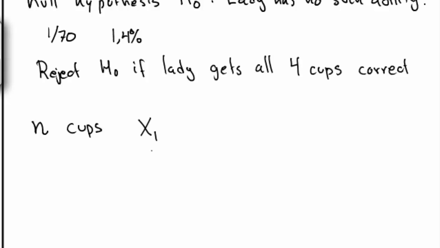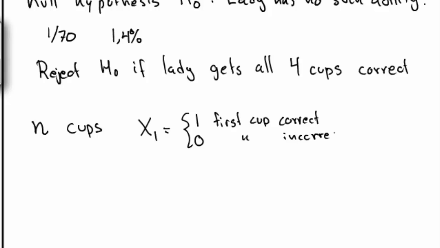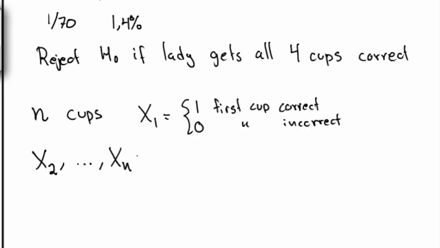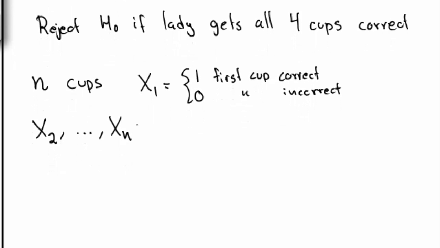I define a random variable called x1, which I set to 1 if the person trying out the experiment gets the first cup correctly, and I define it to 0 if the first cup is incorrect. Similarly, I define x2 for the second cup, and so on all the way to the nth random variable.